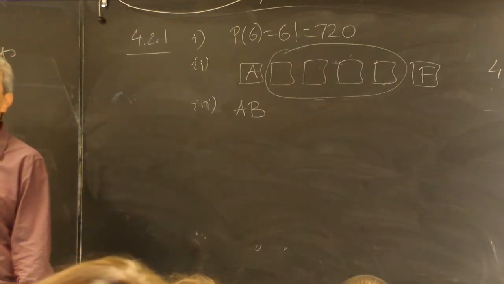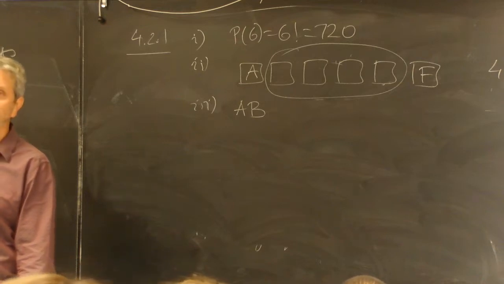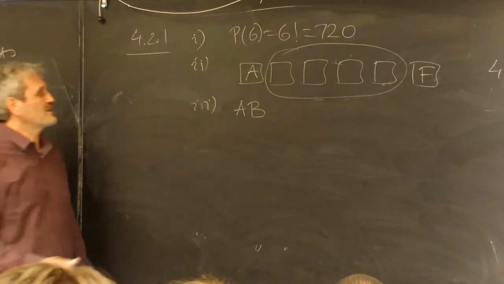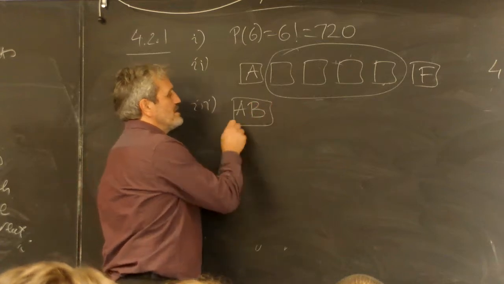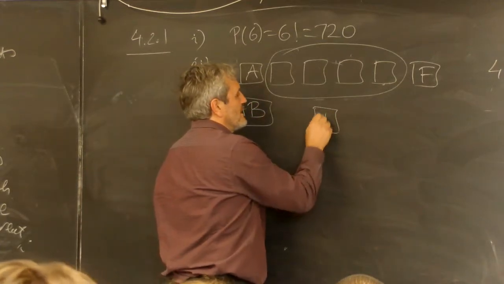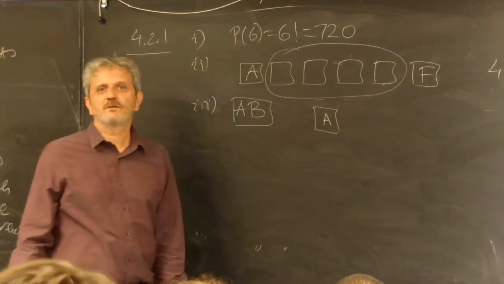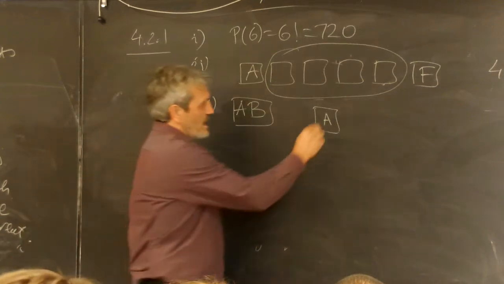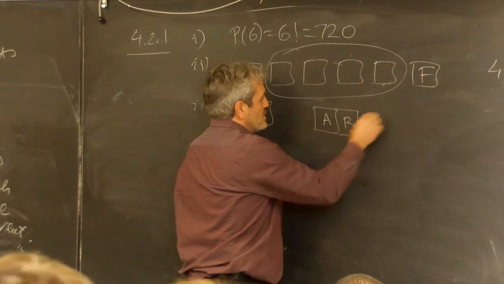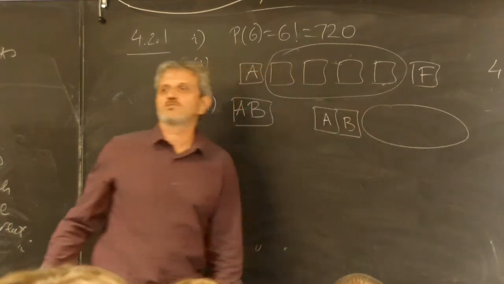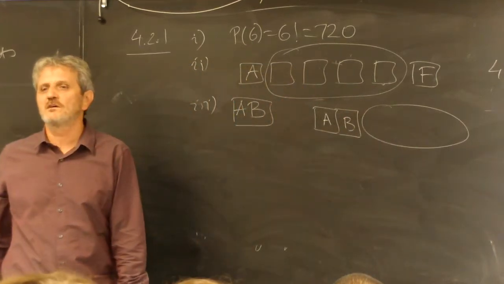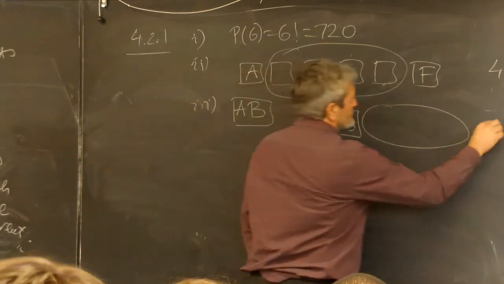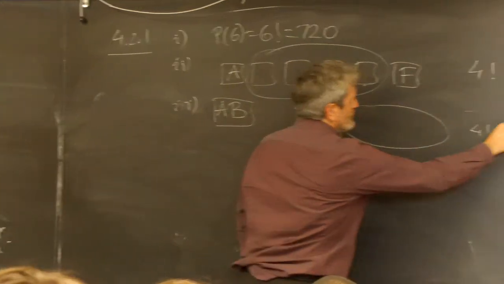And they must be next to one another. Then what can happen with AB? What could happen? A on first. Agree? And then what about B? B has to be on second. And then the other guys, whatever they want on those 4 chairs. So how many ways? 4 factorial. Which is 24.